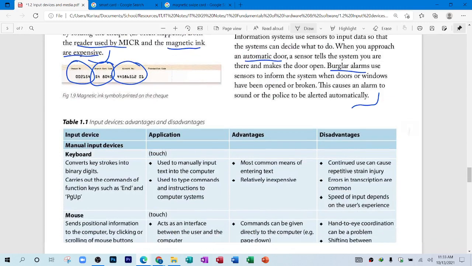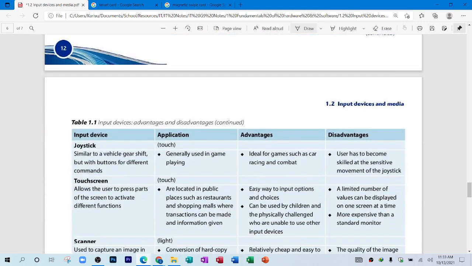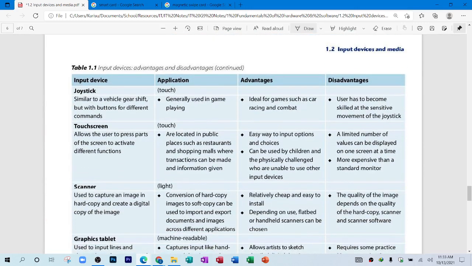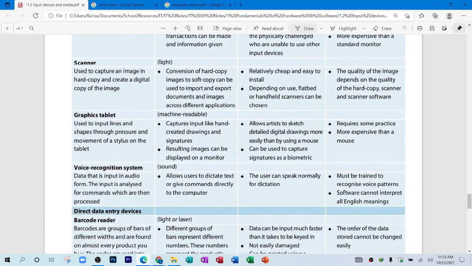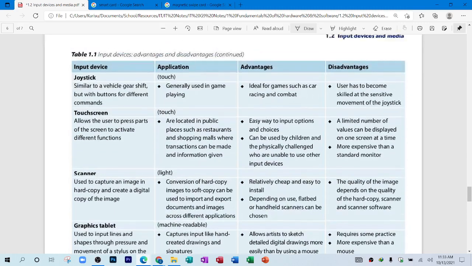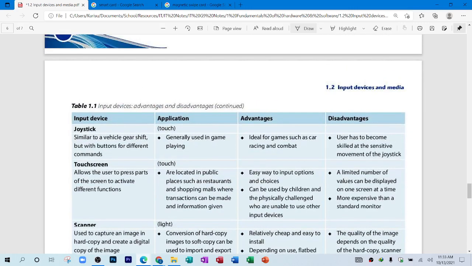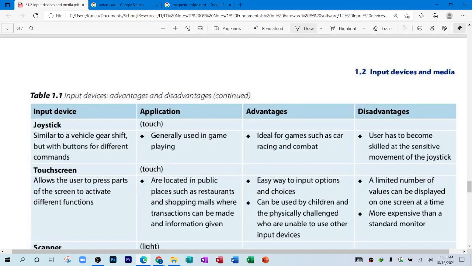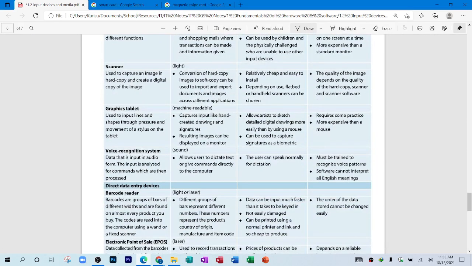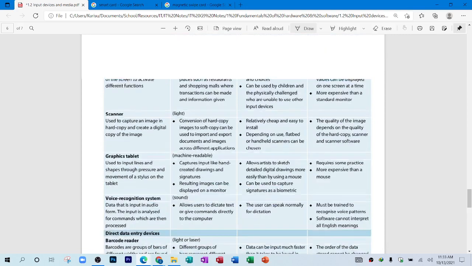So I'm going to leave this table for you guys to read. It's basically summarizing the devices that we already looked at, and there are actually some that were not mentioned. For example, this joystick was not mentioned in the paragraphs above, so it's important for you to read this table. It summarizes what each device does.